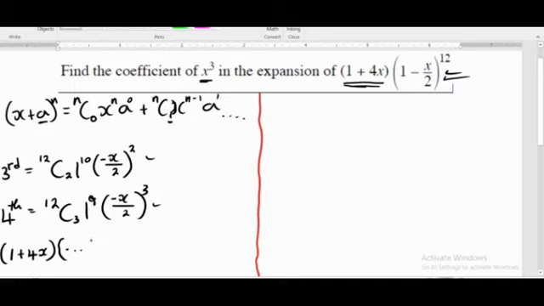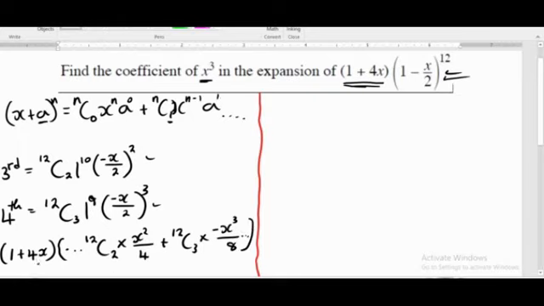The third term is 12 combination 2, 1 to the power 10 is 1, times x squared over 4. Then plus the fourth term, 12 combination 3, 1 to the power 9 is 1, times minus x raised to power 3, over 2 raised to power 3, that is 8. It continues that way, then close bracket.